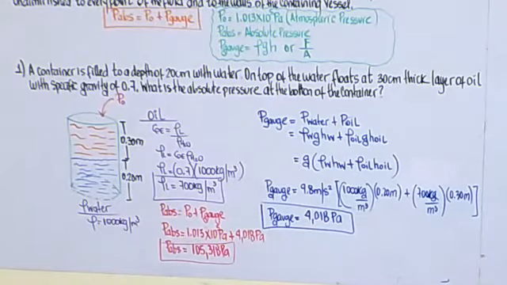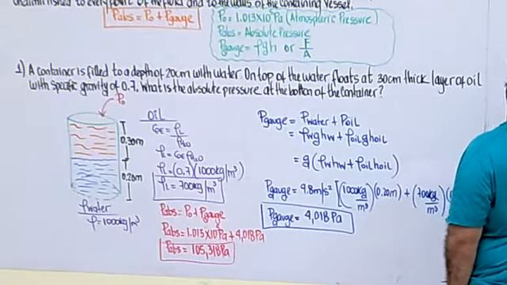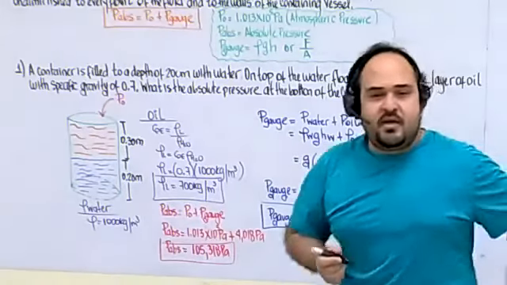Piston two has a diameter of 1.5 inches.